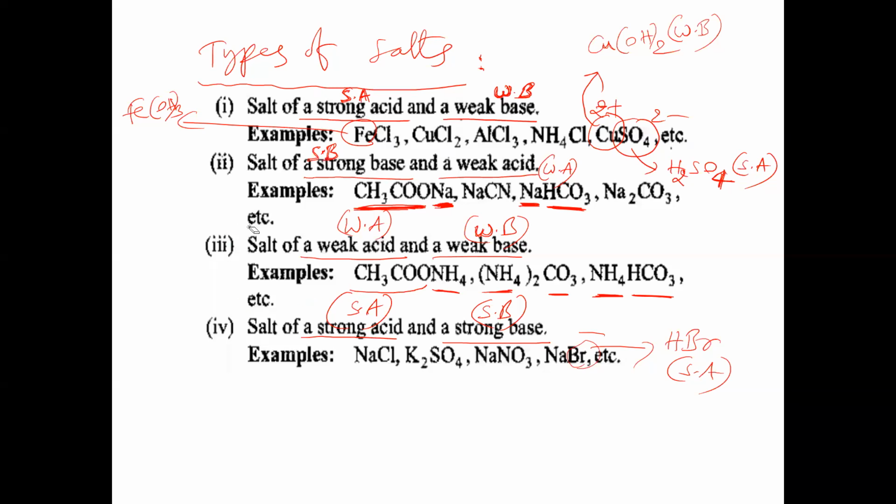Now see here. Tell me, if you dissolve this salt in water, just a moment. The first type of salt, when dissolved in water, do we get an acidic solution or a basic solution? Tell me, what will we get? Acidic solution.